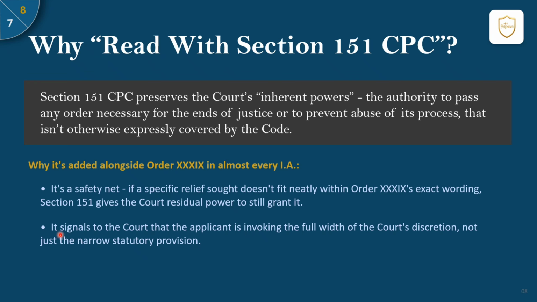Second, it signals to the court that we are invoking its full discretionary power, not just narrowly relying on one statutory rule. So this is a small phrase, but I want you to understand why it is there rather than just copying it mechanically into your applications.